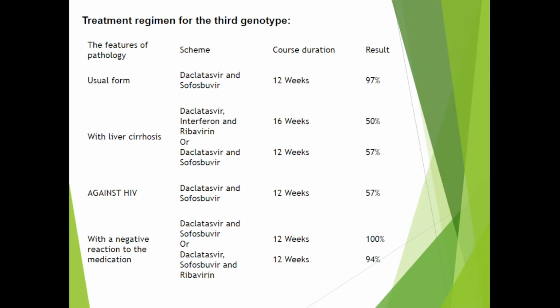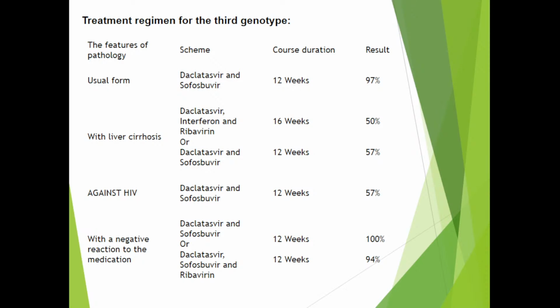Liver cirrhosis, daclatasvir, interferon, and ribavirin, 16 weeks, 50% chance of recovery. Against HIV, daclatasvir and sofosbuvir, 12 weeks, 57% of recovery. With a negative reaction to medication, again, daclatasvir and sofosbuvir, or daclatasvir, sofosbuvir, and ribavirin, 12 weeks.